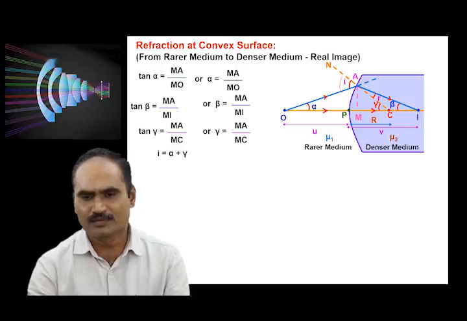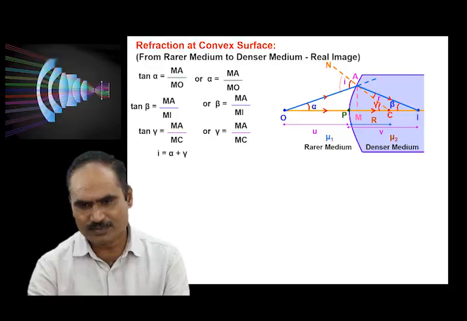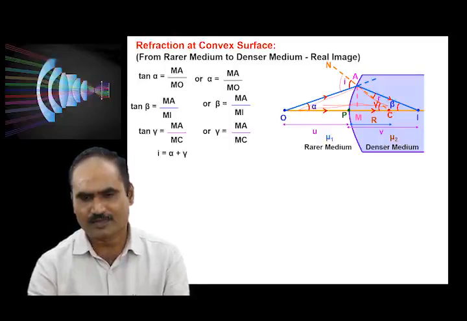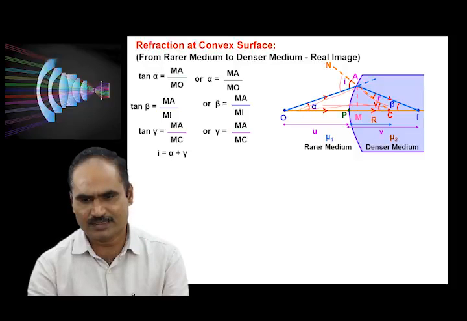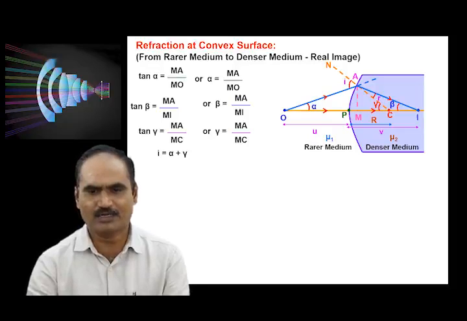You can see this triangle AOC here. Angle i is the exterior angle for triangle AOC. Therefore, angle i can be written as angle alpha plus gamma.